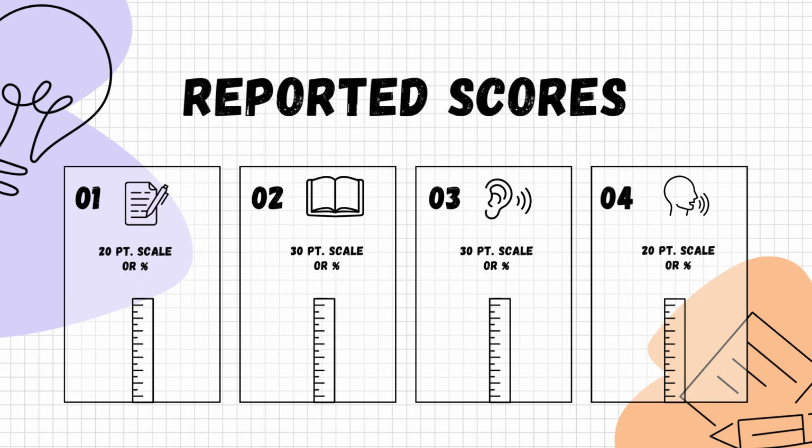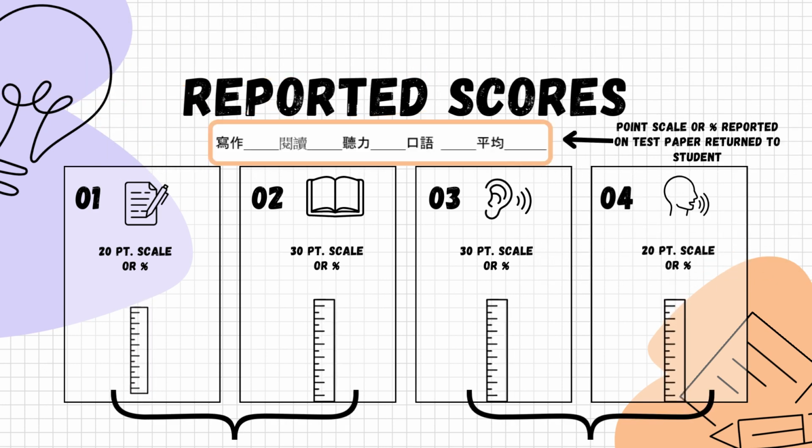So teachers can report raw points on the test forms when they give them back to the students, or they can report percent, proportion correct. I prefer the percent or proportion correct. And the reason why is this.